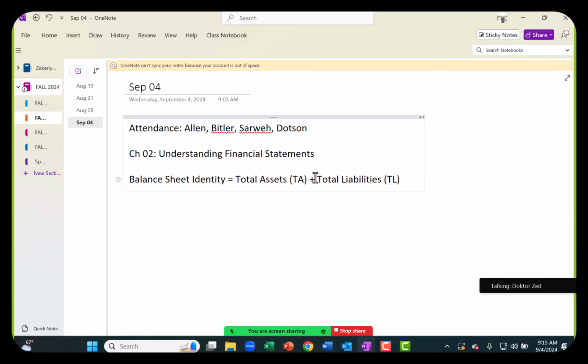Or, I'm sorry, they are equal to total liabilities plus total equity. We're going to use synonymous terms for total equity. You may hear owner's equity, shareholder's equity, equity. Sometimes that's also known as the book value of the firm.